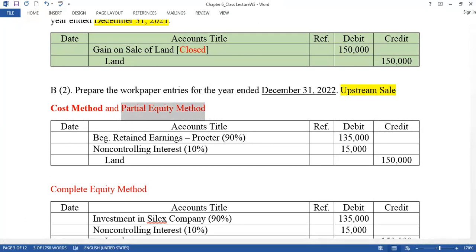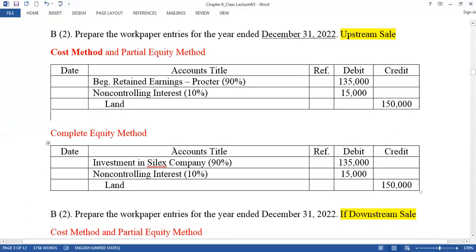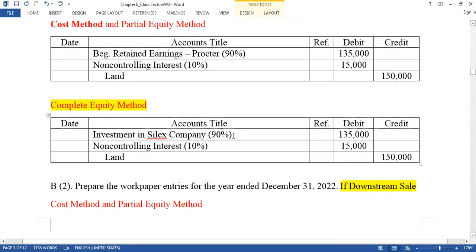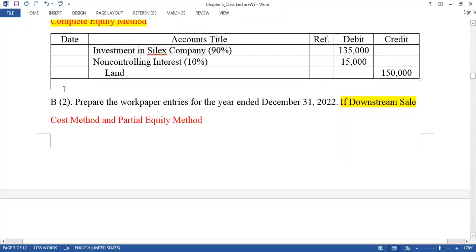Not a big deal, because with the equity method we can write the investment instead of retained earnings. And we are looking at the complete equity method. So if your question is complete equity method, you cannot write retained earnings. You have to write investment. You remember this from your previous chapter, right? If it is the complete equity method, this is the same journal, only one account title is different. Now same question.